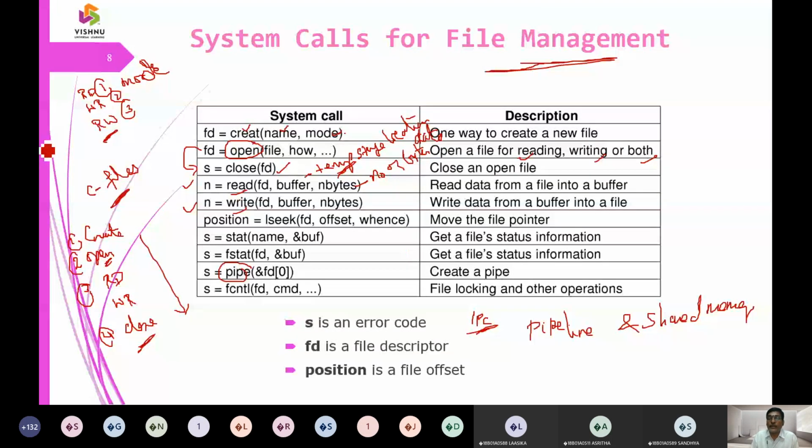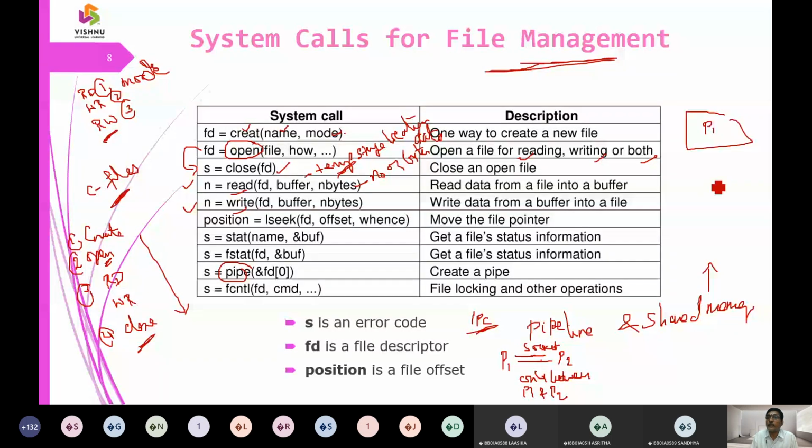So in pipelining concept, we mentioned earlier, I am having process P1 and process P2. We establish a socket here. This is only between P1 and P2. But how is this justified towards the shared memory?